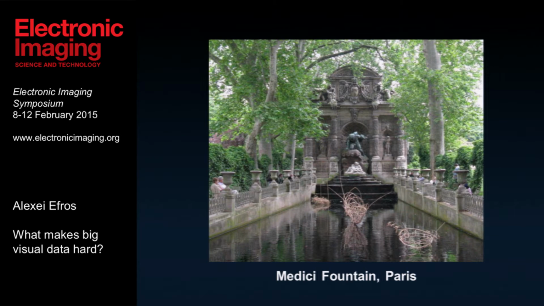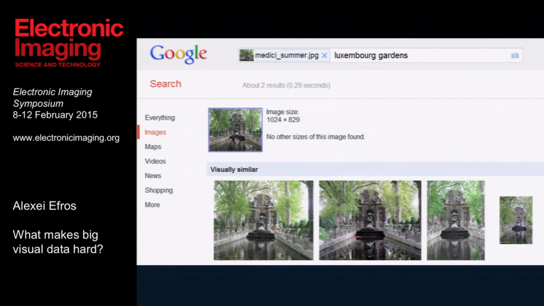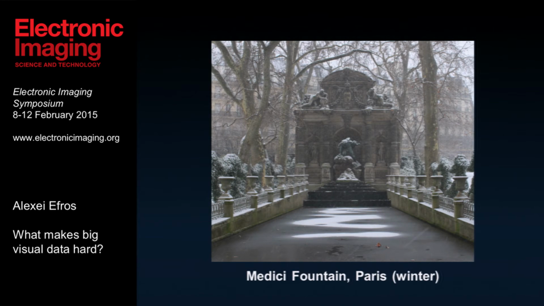So, for example, here's a picture I took in Paris, Medici Fountain. I really like this place, and I thought, well, maybe I'm not so unique. Maybe other people took pictures of this lovely place. And so I put it in Google image search, I drop in the image, and indeed, look at this. Not so original at all. So I decided I'm going to try harder, and I went in the winter.